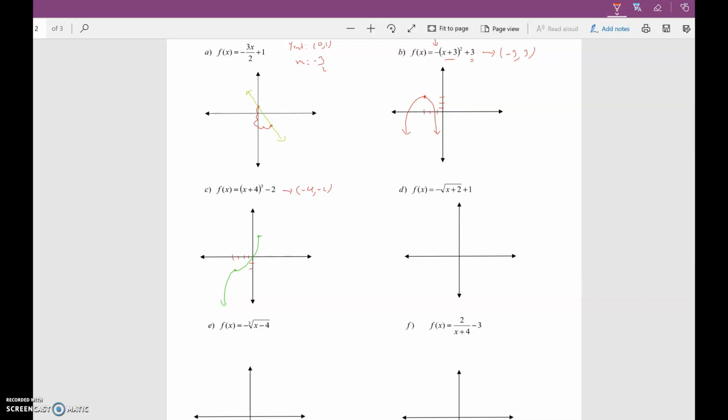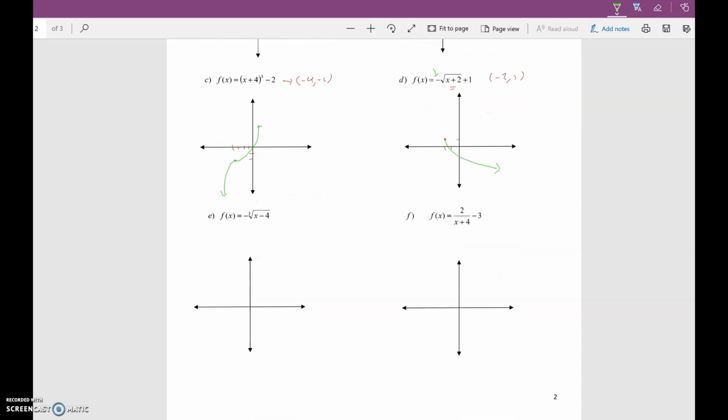The next one is technically a square root. So we're looking at negative 2 comma 1 for the reference point. So negative 2 comma 1. And because your actual graph is not opening upward due to the negative, your graph is going to open downward.